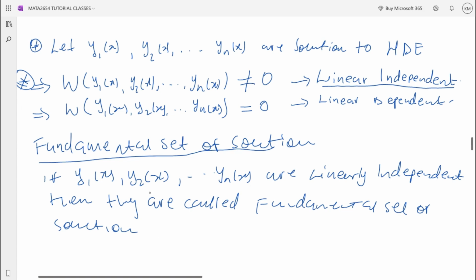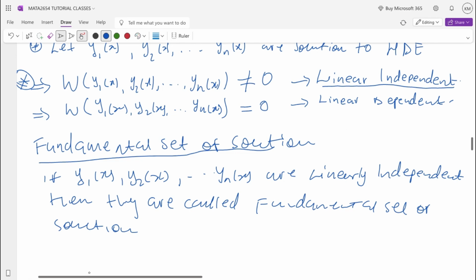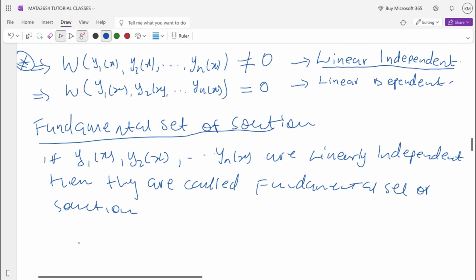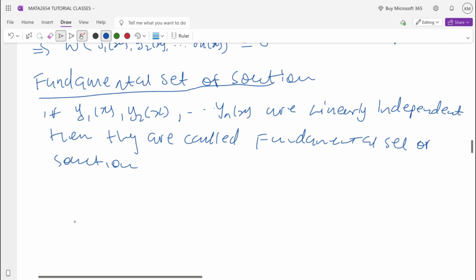So if you find the Wronskian of this to not be zero, it implies they are linearly independent, and those solutions are therefore what we call a fundamental set of solutions. And if you have a fundamental set of solutions, you can therefore call them general solutions to your differential equation. So this is the last point.